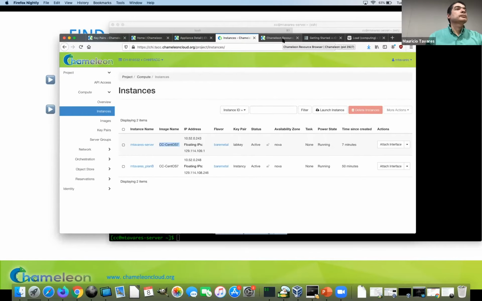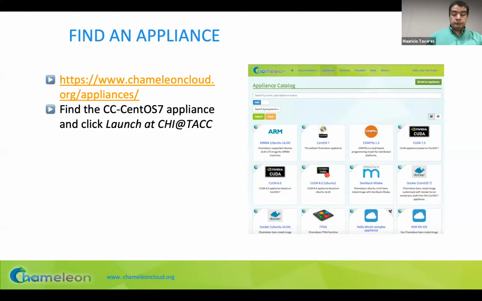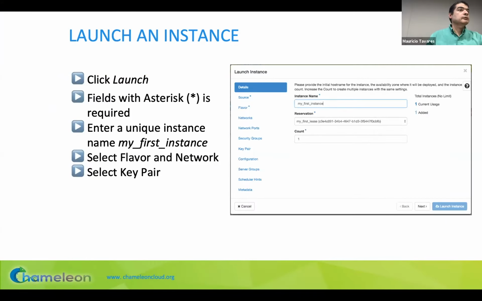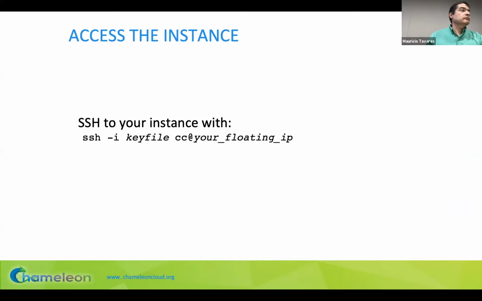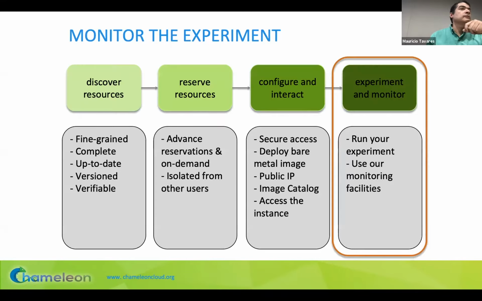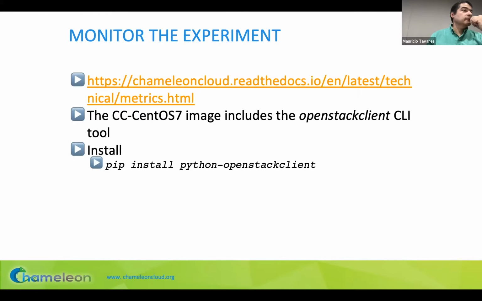Now, let's see what else. We went to floating IP, we SSH'd in as cc. Now let's do some experimenting. For this experiment, we're going to be talking to OpenStack directly.